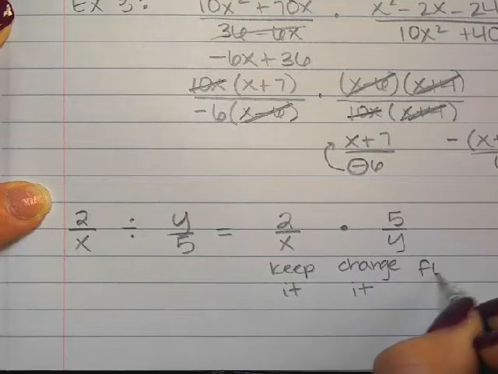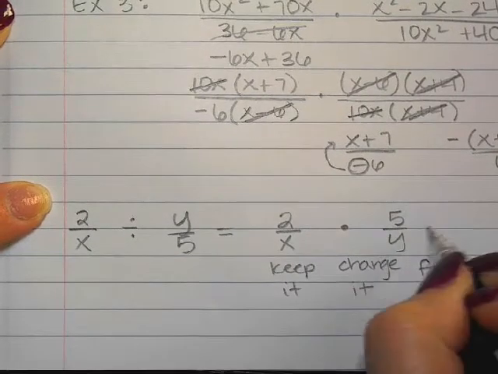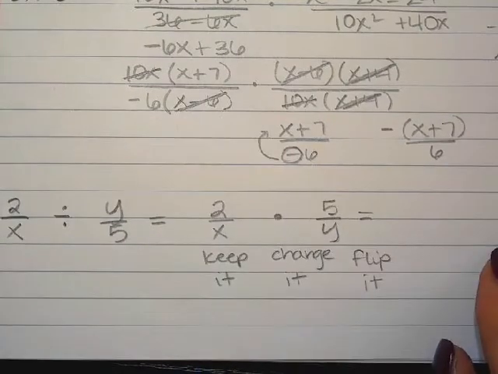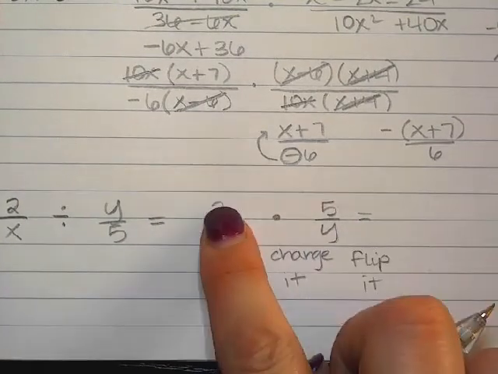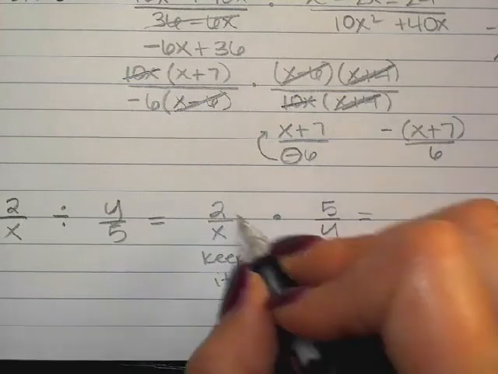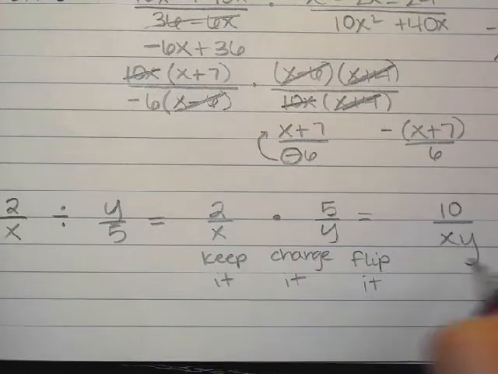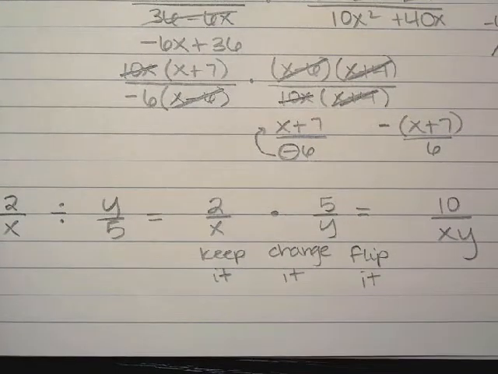Keep it, change it, flip it is how people often remember this. And now that it's written like that, we can just multiply straight across. So 2 times 5 is 10, and x times y is xy. So whenever we see a division problem, we're going to do keep it, change it, flip it.